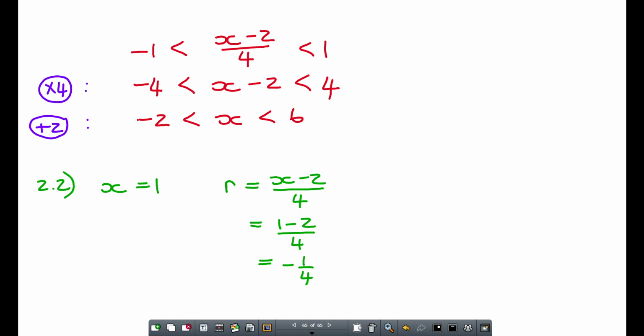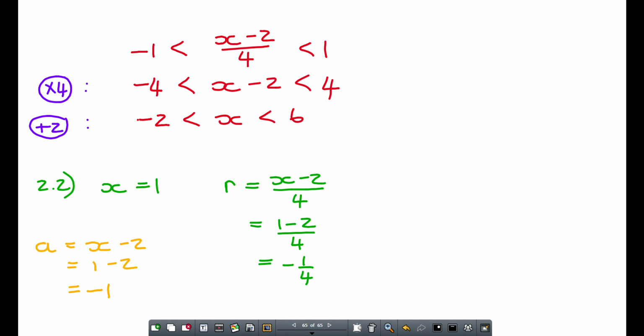Now a is my first term. Originally it was x minus 2, but now you substitute, they tell me x must be 1, so 1 minus 2, so that means that a will be minus 1.